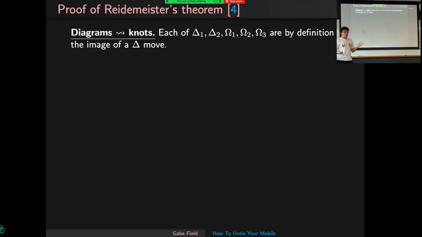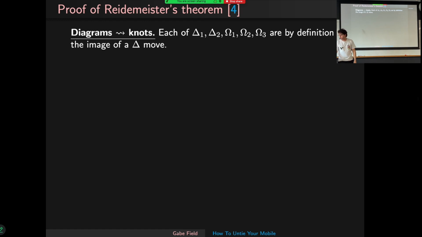Okay. So let's turn to proving Reidemeister's theorem. So first things first, we want to say that if we have two equal knots, so that is two curves that differ by isotopy, then we can recreate down in the level of diagrams the difference between the diagrams as a sequence of these delta I and omega I moves. So that's very easy because by definition they were all images of delta moves upstairs, right?